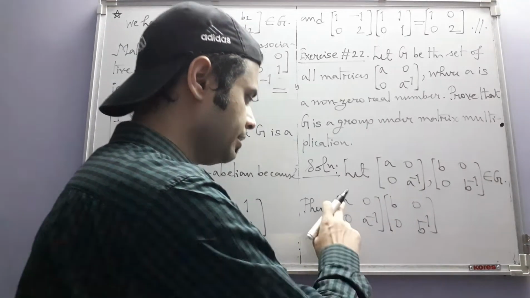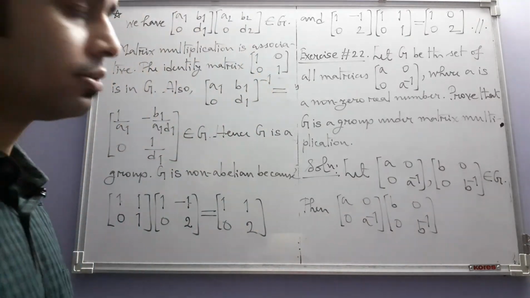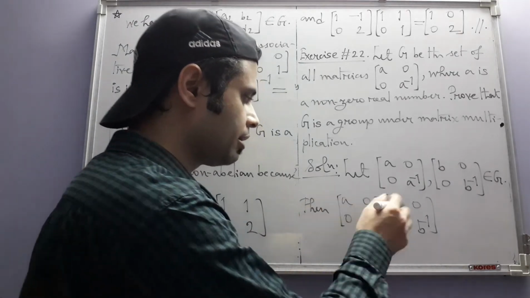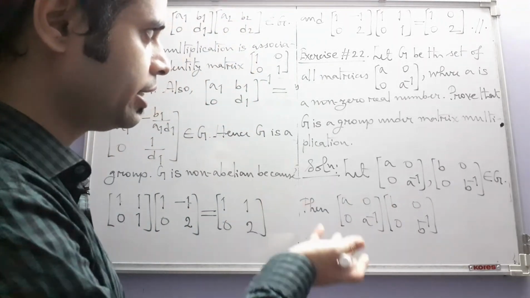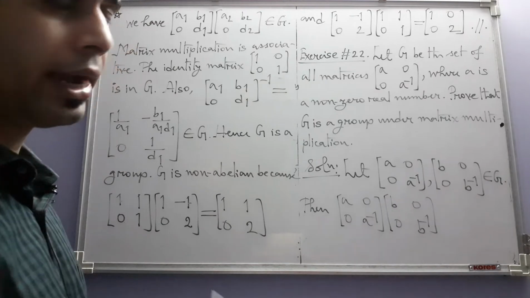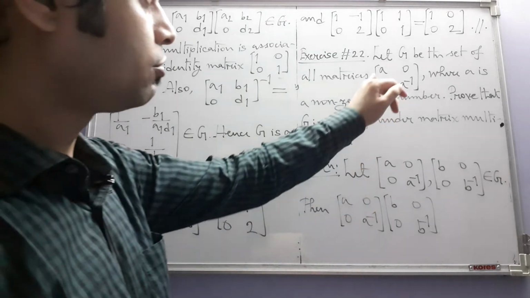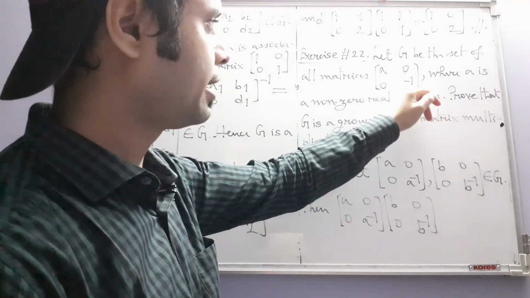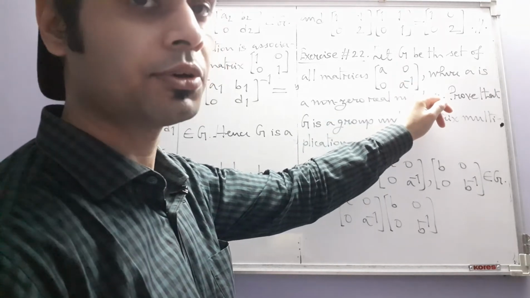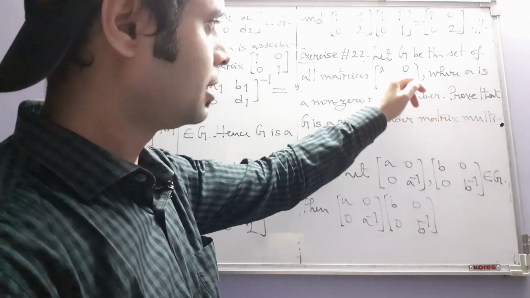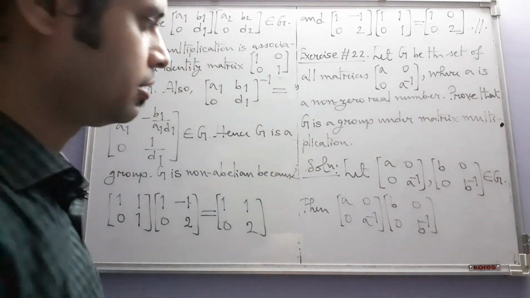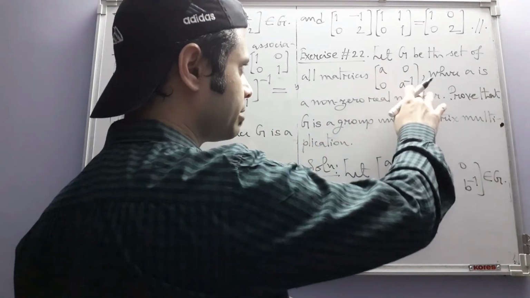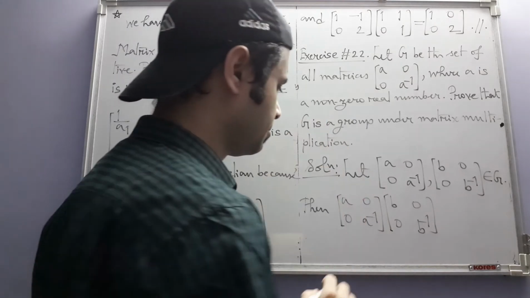In the diagonal you may or may not have 0, that does not matter. So here we are dealing with 2 by 2 diagonal matrices of a special form, where the diagonal elements are reciprocals of each other. That means the determinant is equal to 1.